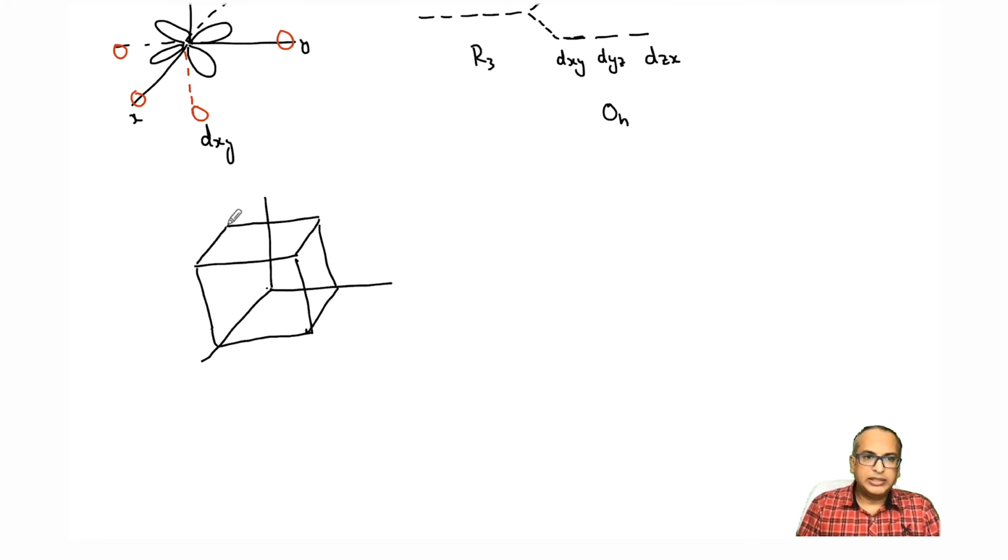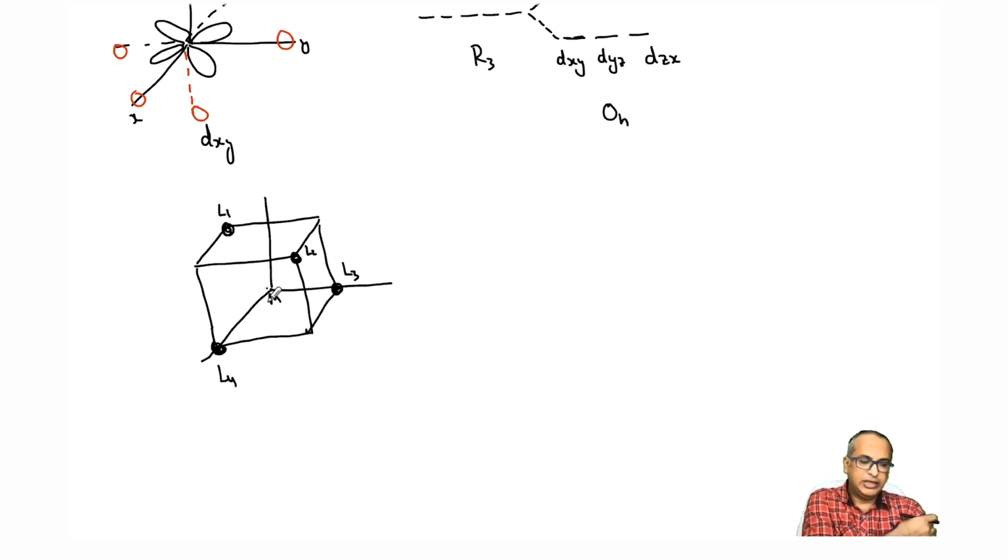So now there are 4 ligands approaching from these sides. These are my ligands, right? This is my metal, and L1, L2, L3 and L4. Now if you see, the ligands are not approaching from the axis, but they are approaching in between, right?